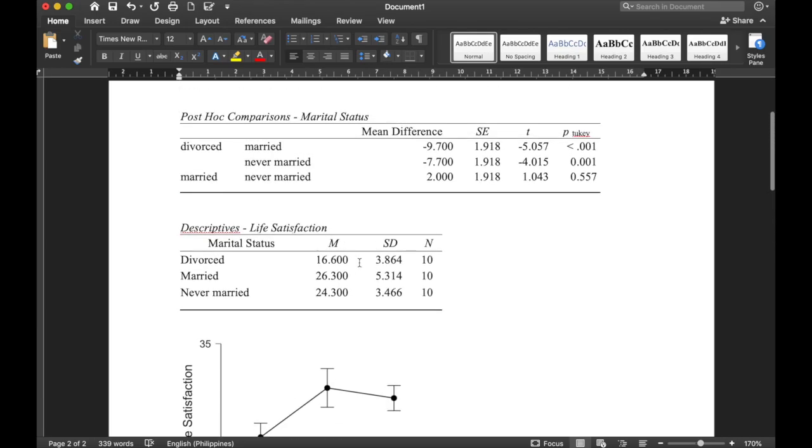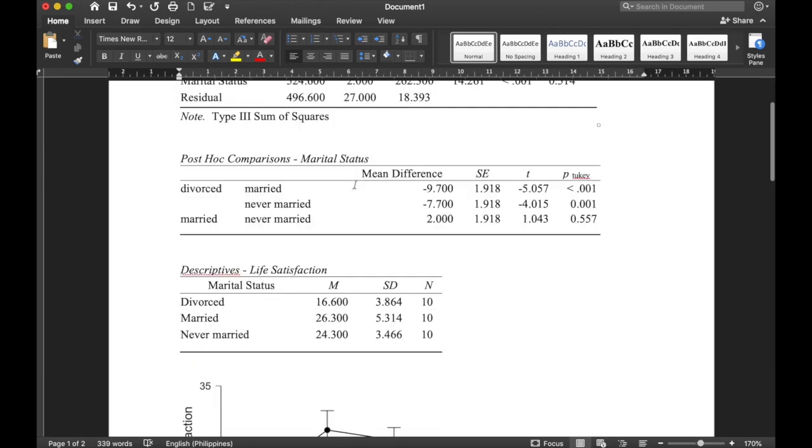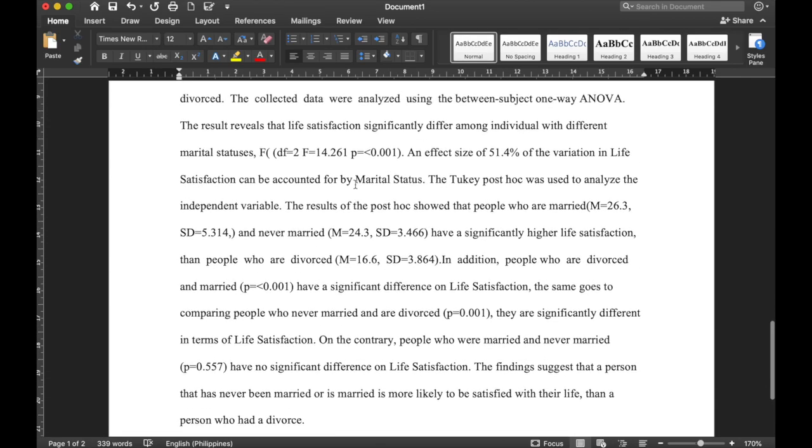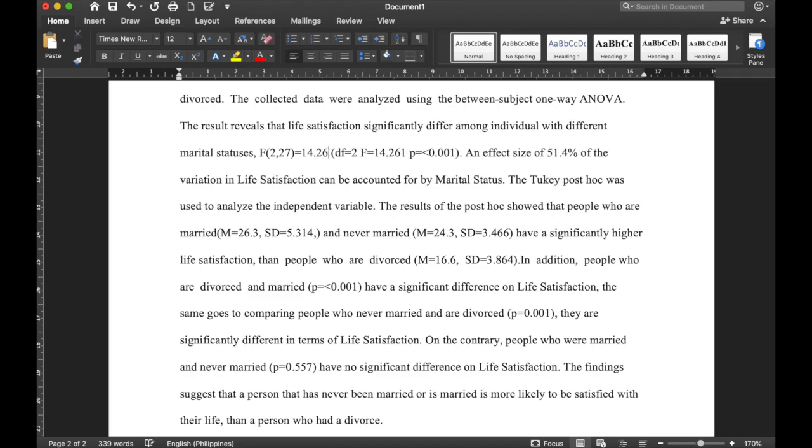Where do we get that from? So these degrees of freedom, 2 and 27, so F(2, 27) equals, and then our F value, which is 14.261.